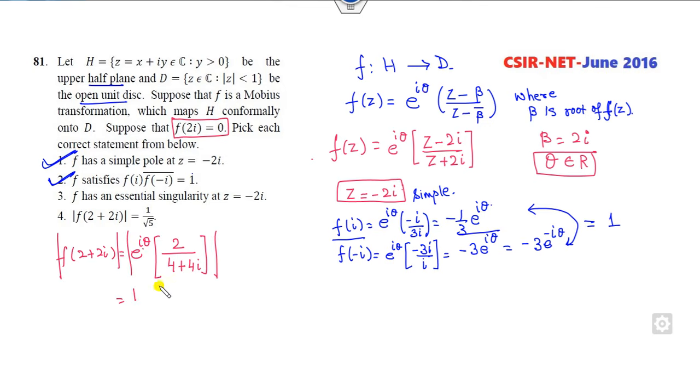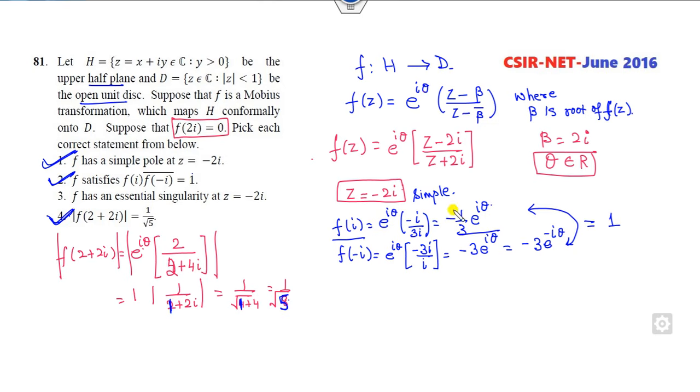So this value will be 1 over 2 plus 2i. What is the modulus of this? It is 1 over root 8. So this is not the correct answer. Sorry, it is 2 plus 2i, so it is 2, which means it is 1. It is 1 means it is 1. So this is my correct option.